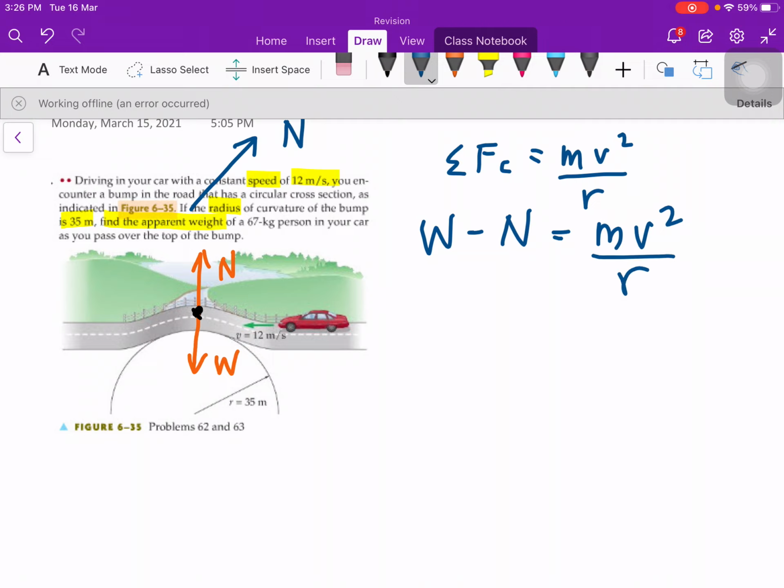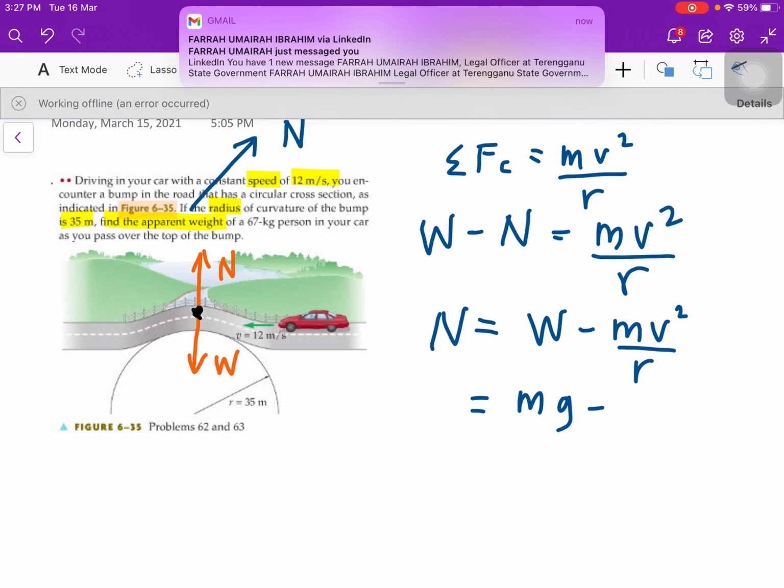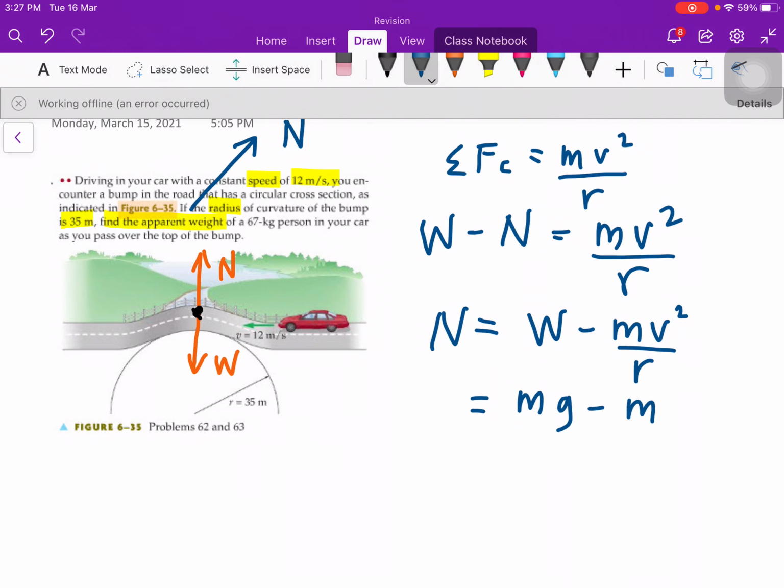Now I want to find my N, so I just rearrange this equation. I will get N equals W minus mv square over r, and we know W is mass times gravity, so mg minus mv square over r.